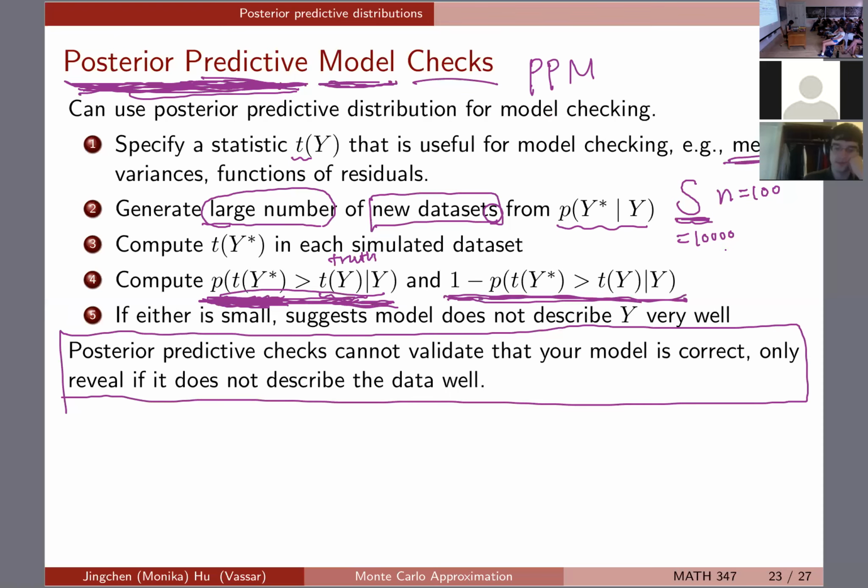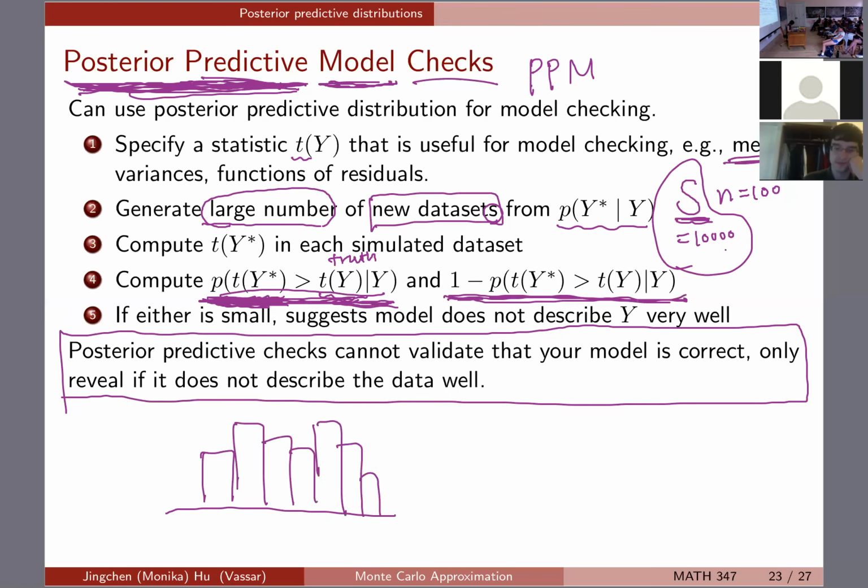Imagine I'm doing 10,000 draws and I plot each of the sample means from the posterior. This histogram summarizes T(Y star), and then I'm going to compare this to the truth.